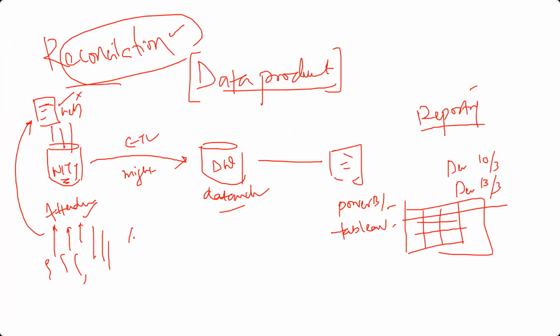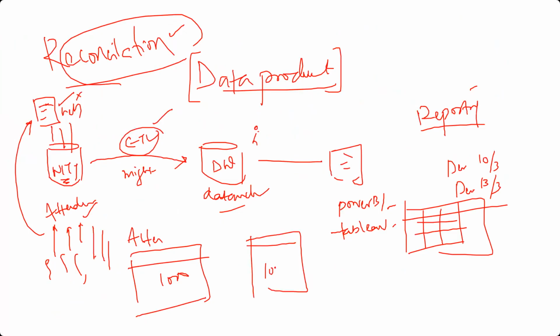Imagine there is a table called attendance, and that table has 1000 records. An ETL job is run, and whoever is maintaining the database assumes that all the 1000 records have reached the destination table, and the report is being run on this destination table.